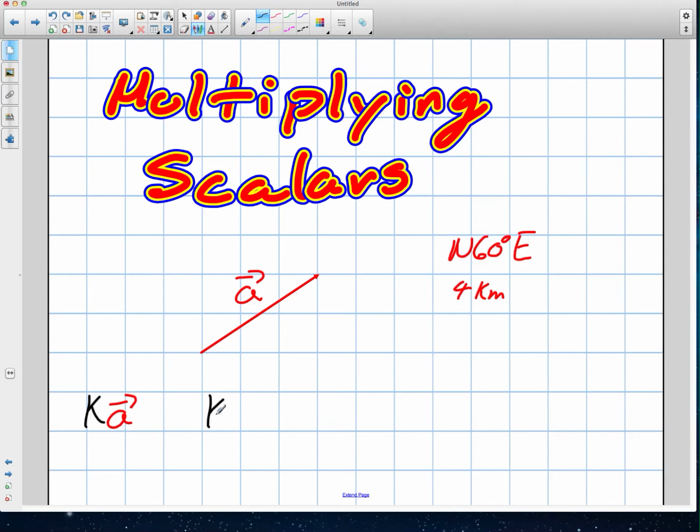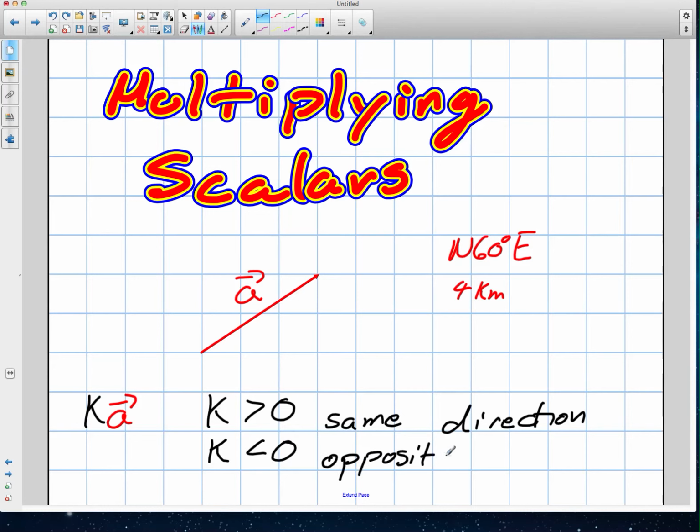We talked about yesterday how if k is greater than 0, it goes the same direction as the original vector. If k is less than 0, it goes in the opposite direction, which makes sense with what we talked about the other day, because a negative vector would change the direction of it.